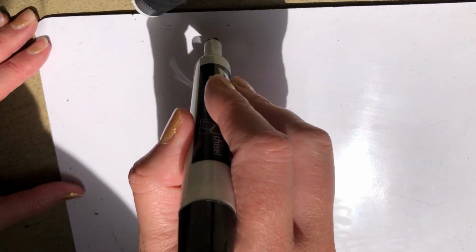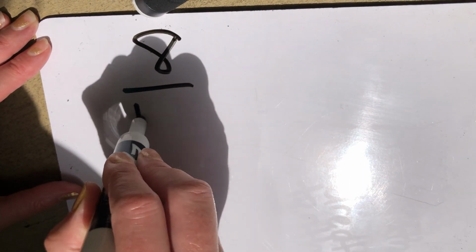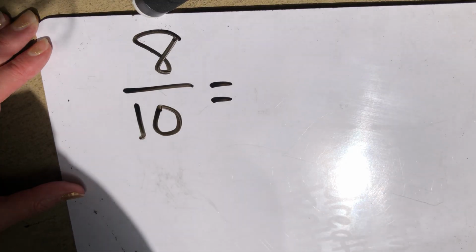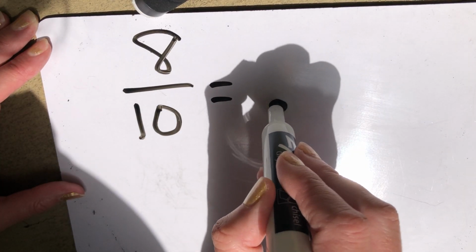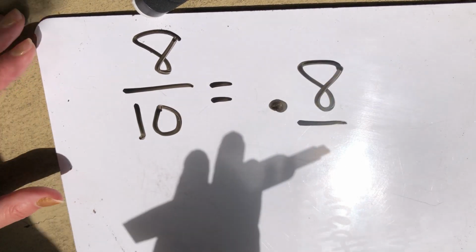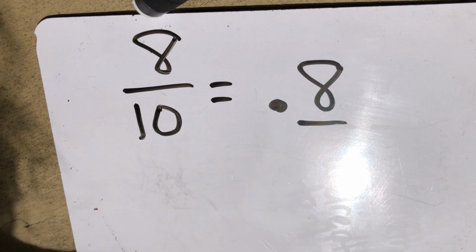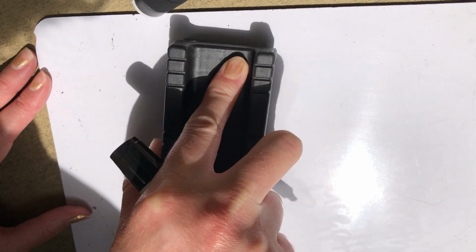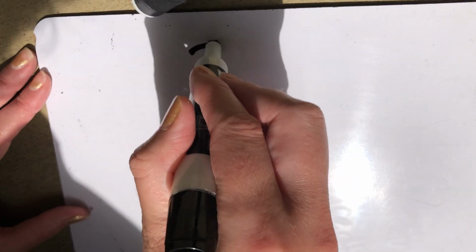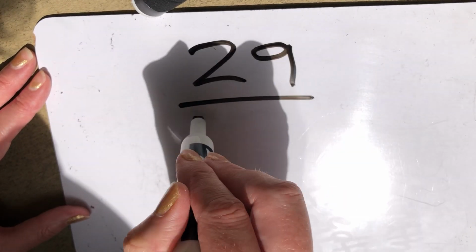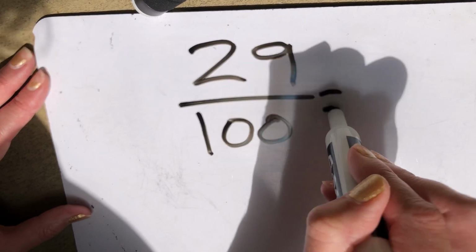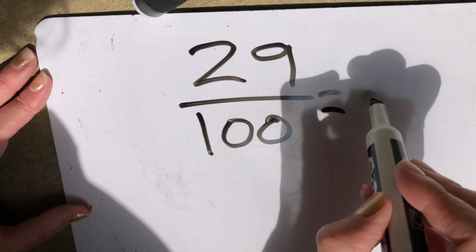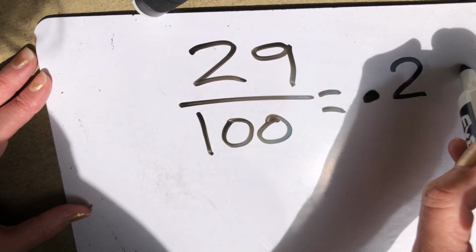What if we had 8/10? How would you write that as a decimal? Right. It's right next to the decimal place, to the right. What if you had 29/100ths? What would that be? 0.29.